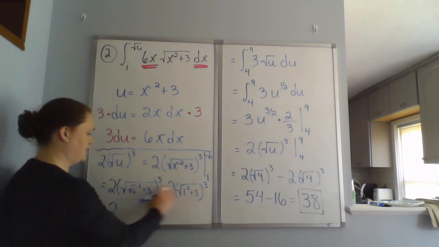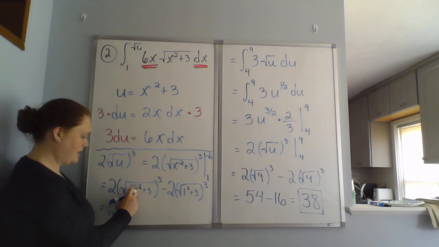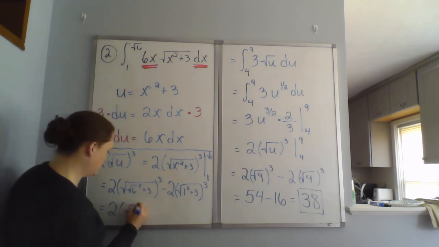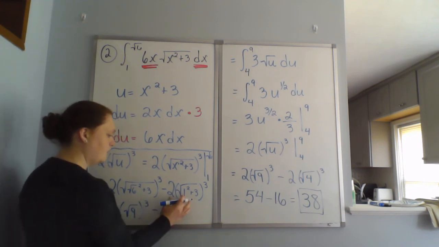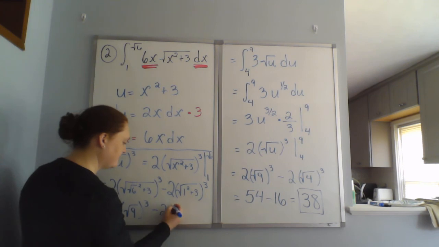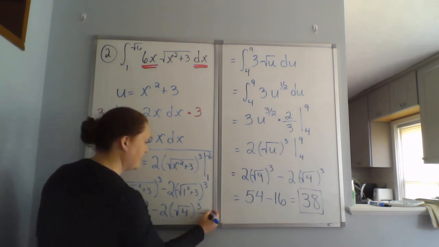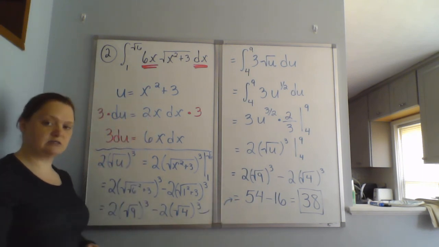So this just looks a little bit more complicated than this looks. But the square root of 6 squared, that's 6. 6 plus 3 is 9. So then we get square root of 9 to the third minus 2. 1 squared is 1. 1 plus 3 is 4. Square root of 4 to the third. And then you'll see we end up right back where we were with the 54 minus 16.